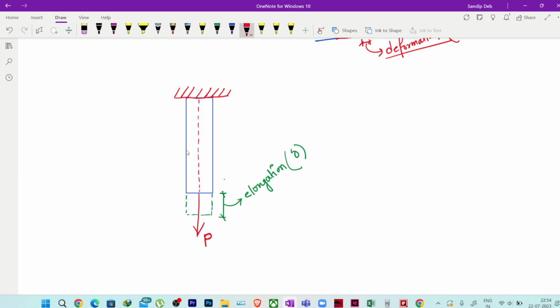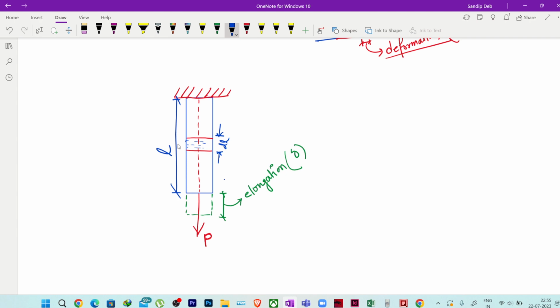Now if we take any section on this total bar, suppose the length of the bar is L, and if I take any length dL, here also the elongation that we will see will be equal to the small delta, correct? This elongation will be the same in any section of the bar.